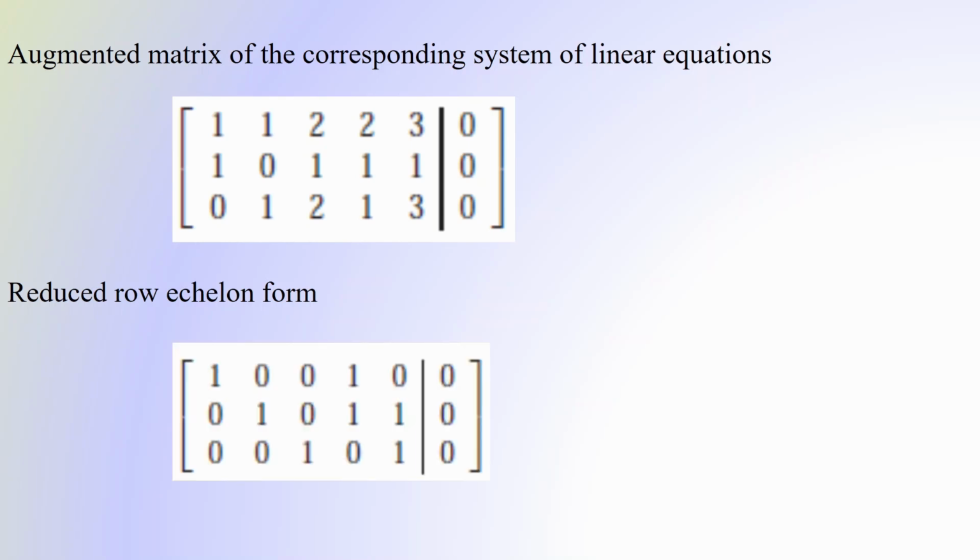So that is the reduced row echelon form of the augmented matrix. You can see that the number of variables is 5, but it contains only 3 non-zero rows. So therefore it has infinitely many solutions.